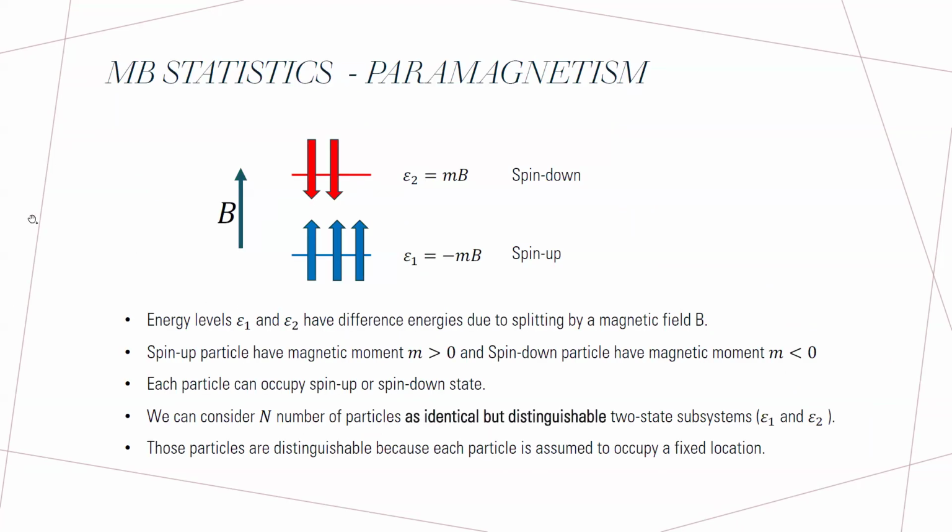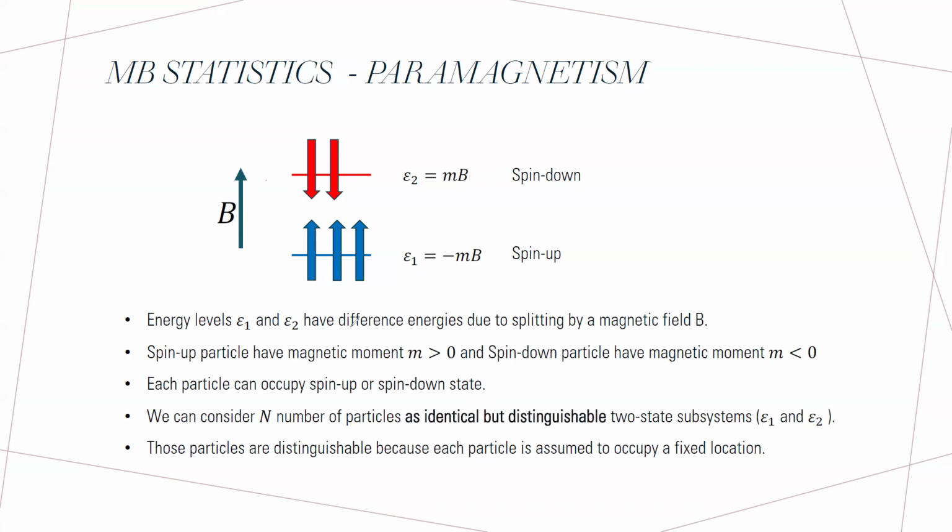So let's look at some example. We try to explain some paramagnetic system based on the MB statistics. So in this one, we consider electrons as classical particles, so they obey the MB statistics.